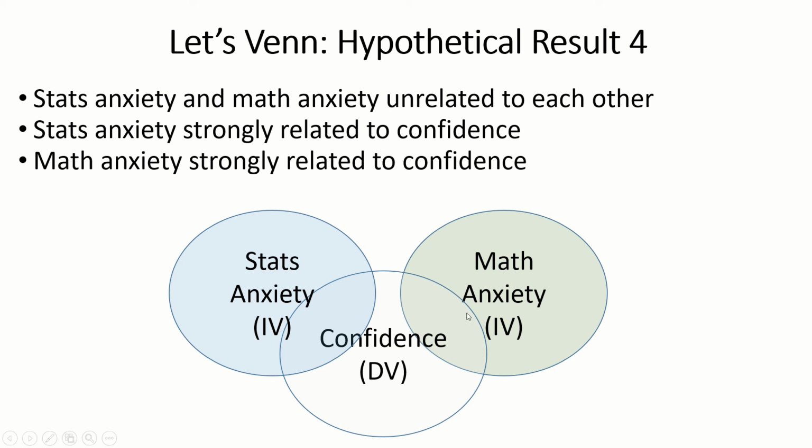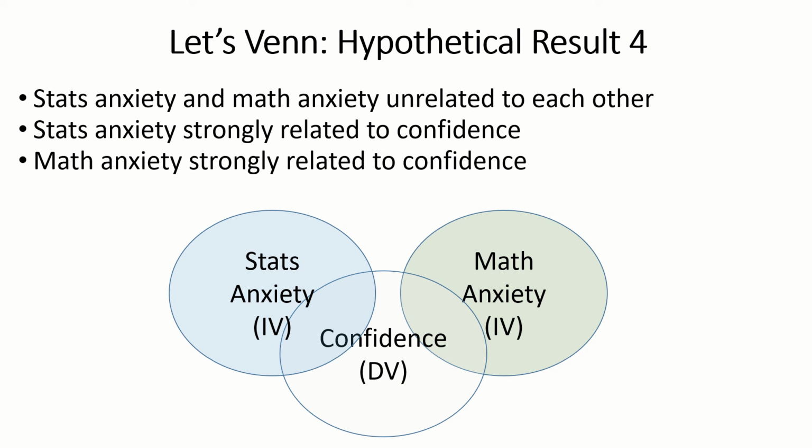Because we found math anxiety related to confidence, so it's likely that anxiety about taking this course relates to how confident you feel that you will do well in the course, right? But it's also likely that stats anxiety and math anxiety are probably related to each other, right?